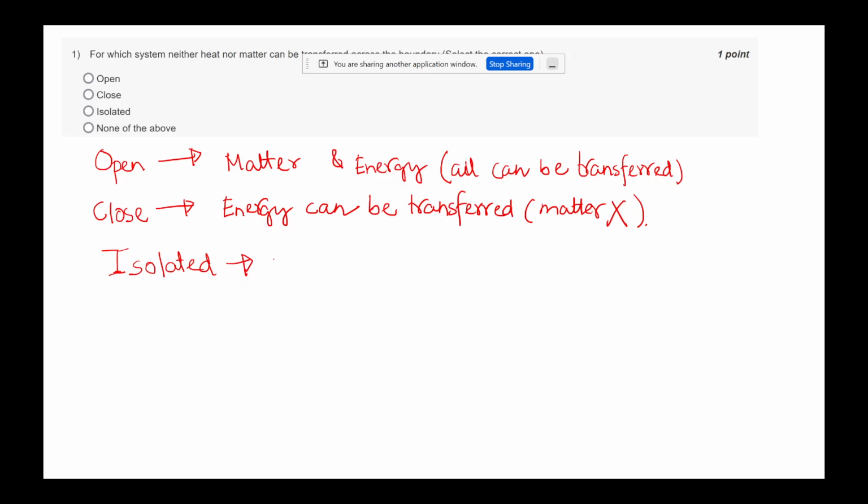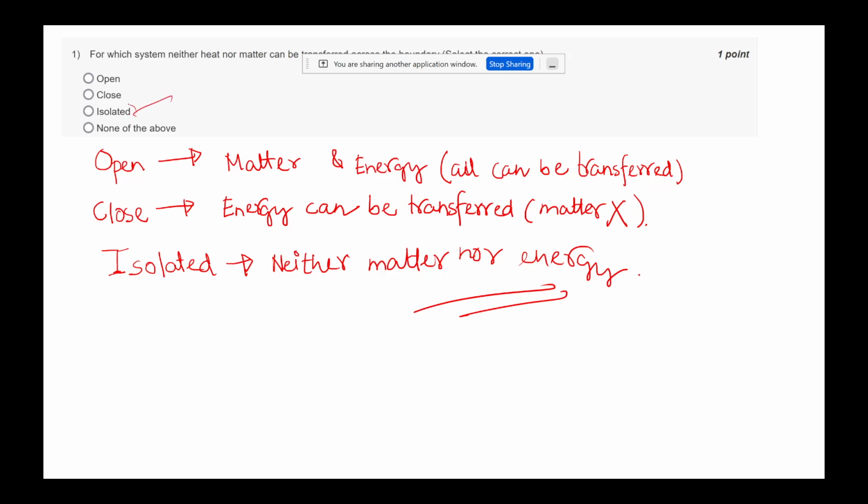For isolated, it would be neither matter nor energy. Okay, so this is the answer. Is this clear? Can I go to the next problem?